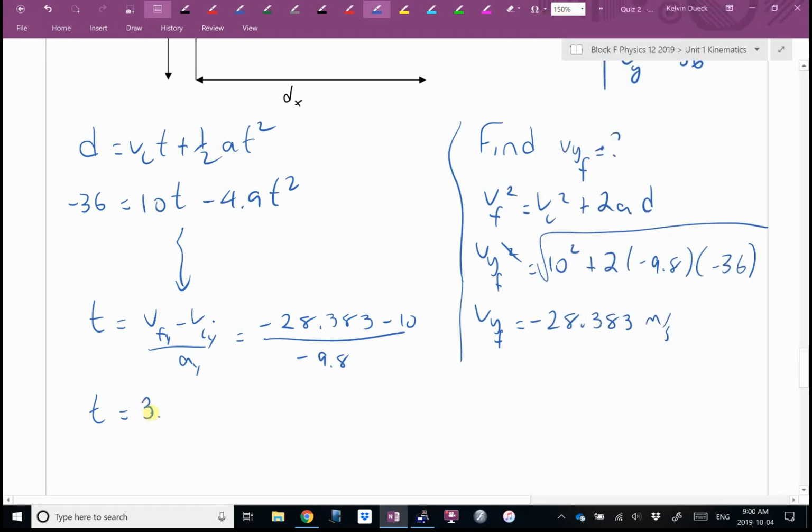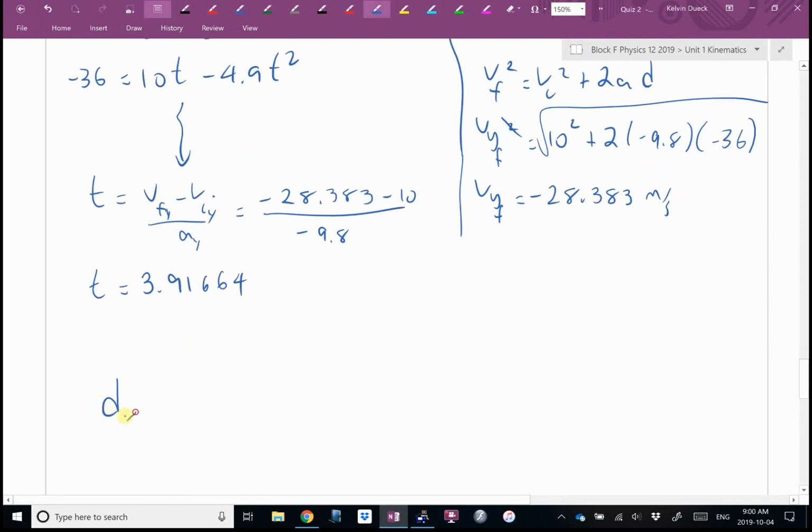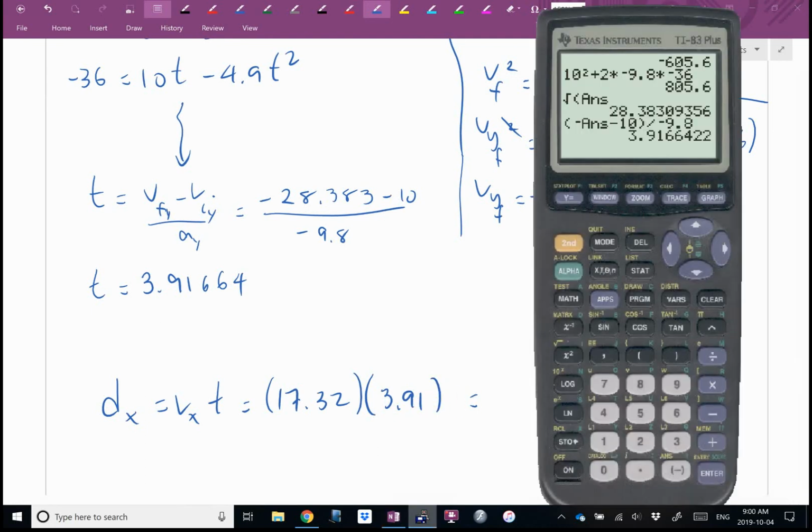3.9166422. 3.91664, good enough. And now, finally, it's going to be 17.32 and so on, times 3.91 and so on. You know what? I'm going to go like this.